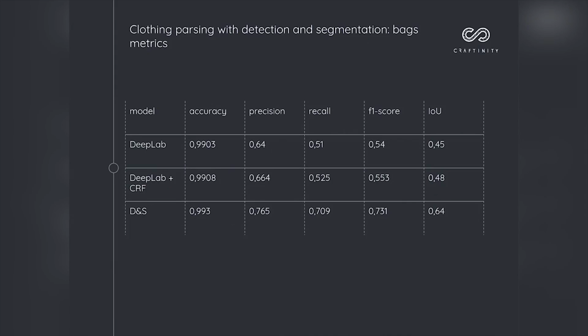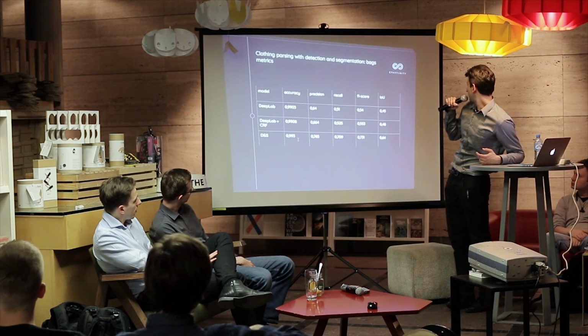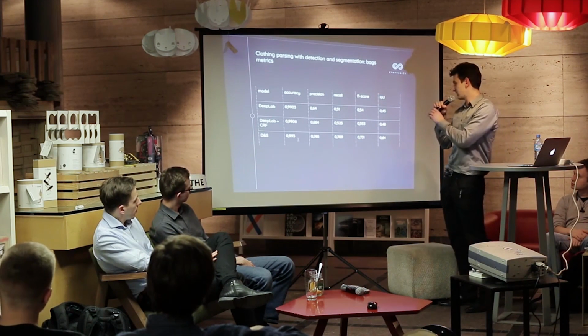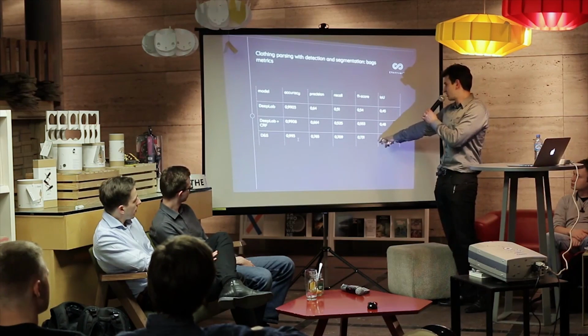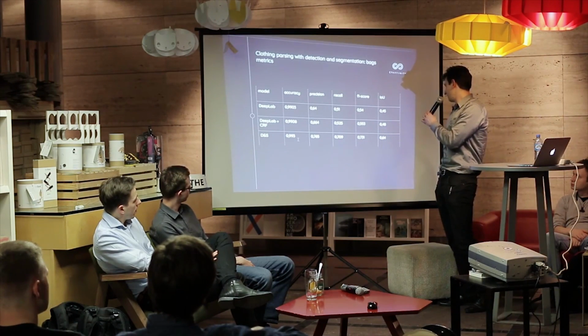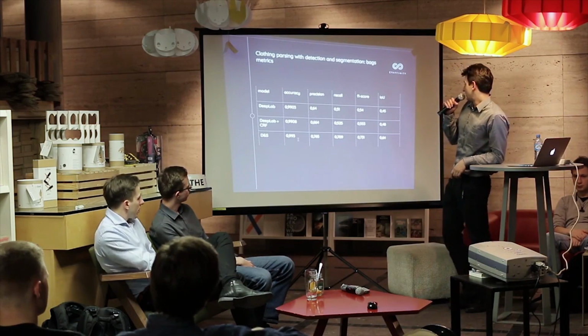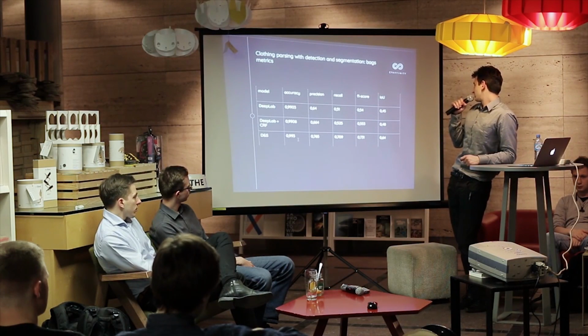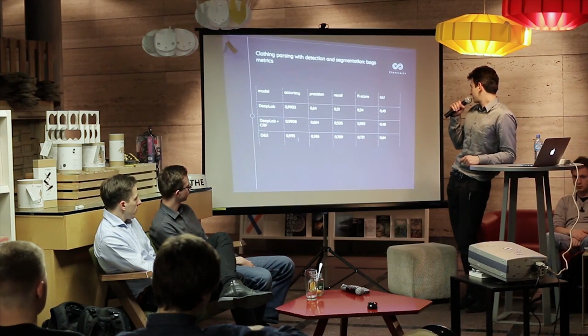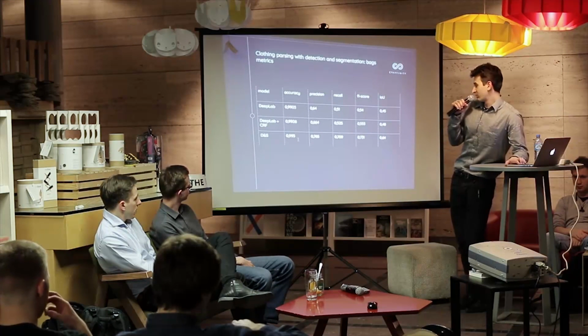Let's see in numbers how this second approach compares to the first one, the general segmentation with DeepLab. On the bags category, the detection with segmentation has much higher intersection over union, and in general on bags it worked much better than our first approach.